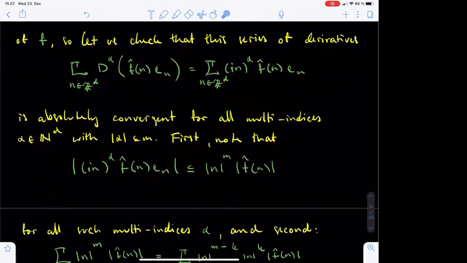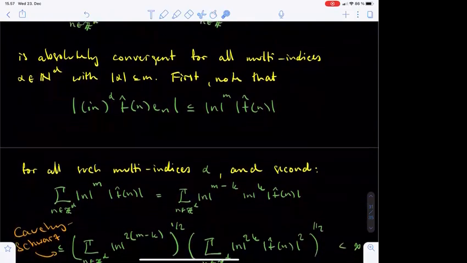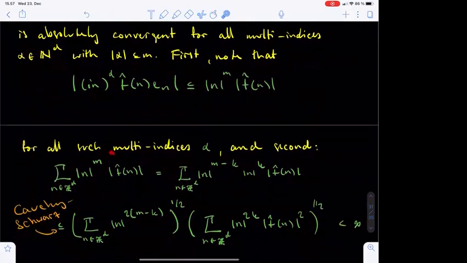To this end, first note that the absolute value of the function (i n)^alpha times f hat(n) times e_n is uniformly bounded from above by the constant norm of n to the power m times the absolute value of f hat(n). Moreover, the sum over these constants turns out to be finite.